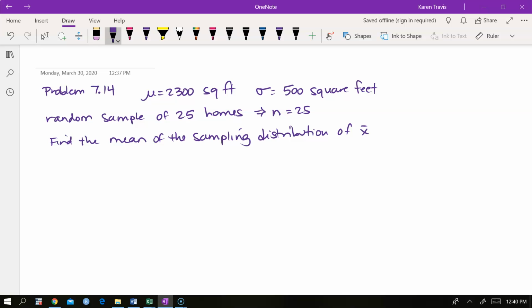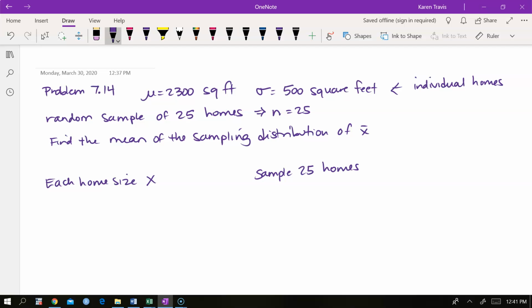It tells us if these are the individual homes, then each home size is our variable X. So if I picked out one home, that would be variable X. But we're interested in if we sample 25 homes, calculate all their square footages and take that average, what's going to happen?